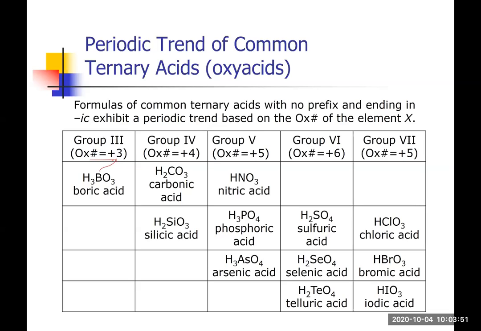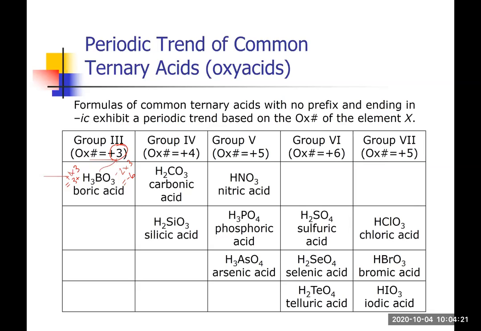We could calculate it by saying the hydrogen has +1 times 3 here, which equals +3. And the oxygen has -2 times 3, which equals -6 total charge contribution here. So -6 plus 3 means that the boron has to have a +3 oxidation state in order to neutralize this.